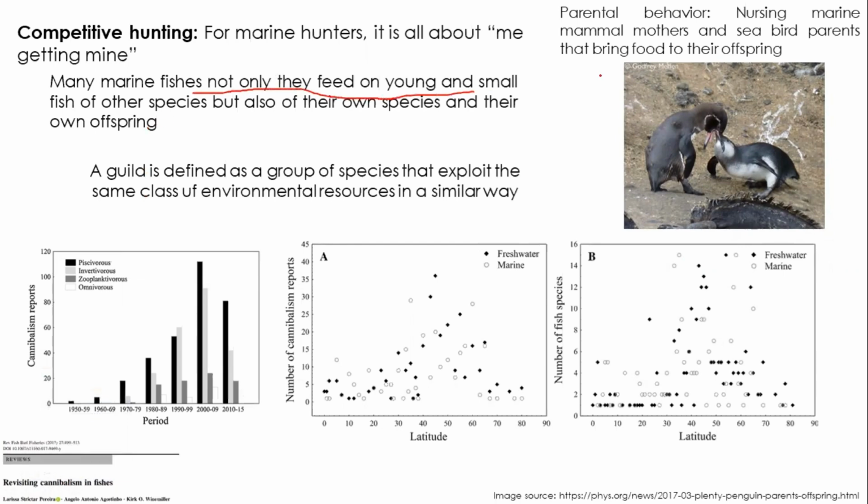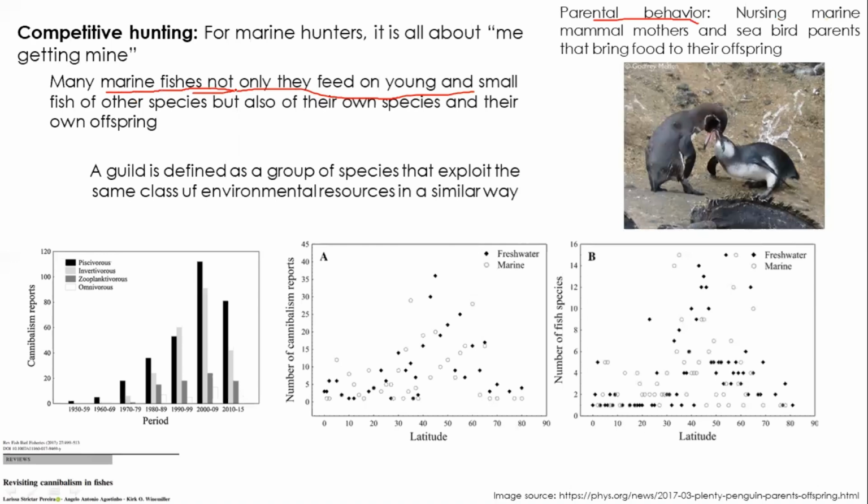I will come back to this, but before that there is an important concept of parental behavior, which we see in most wild organisms as well. However, in the marine ecosystem, only if you leave aside the nursing marine mammal mothers and the seabirds, most of the organisms do not have parenting behavior in terms of feeding their offspring, while many of the fishes do have cannibalistic behavior.